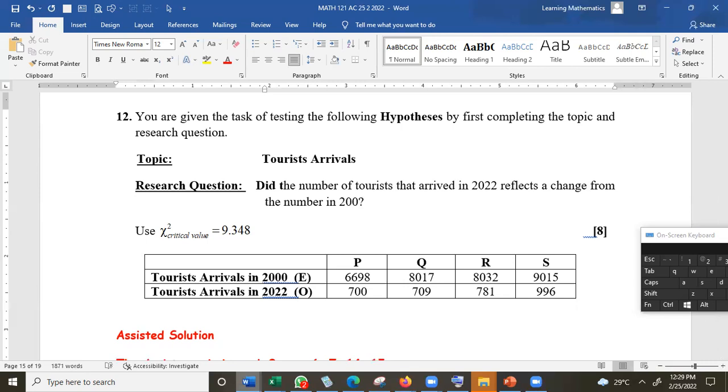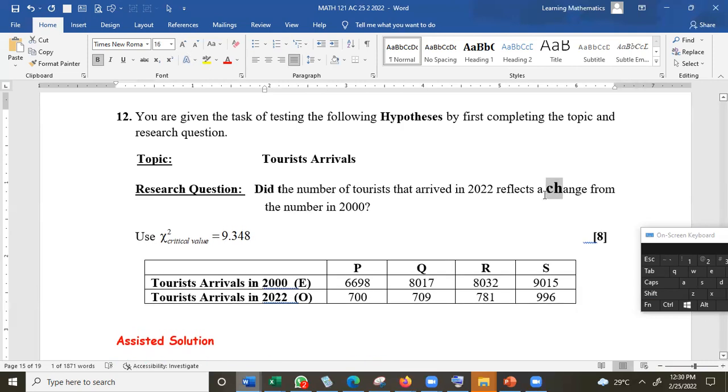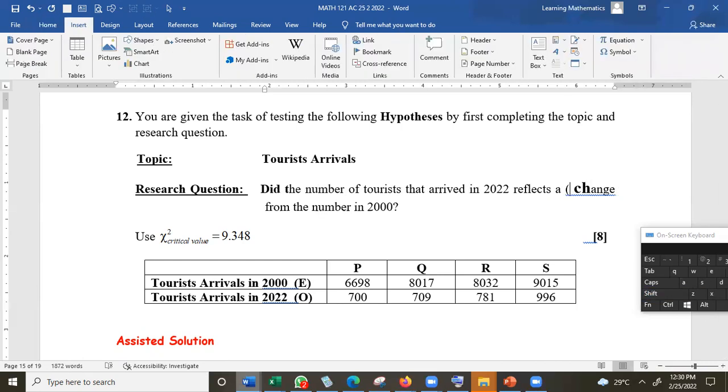That's another way to rephrase it, just to include the word change, the CH, chi square. You can even spell change using the chi symbol, just to emphasize the name of the test and what it is doing.